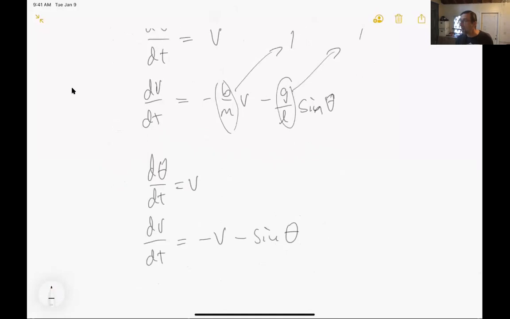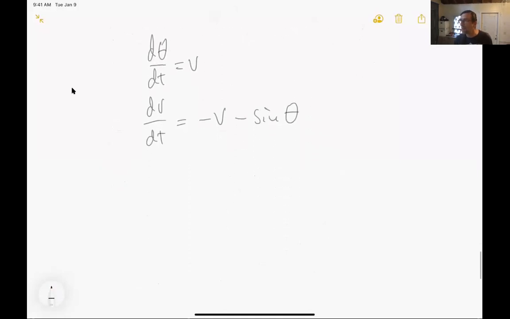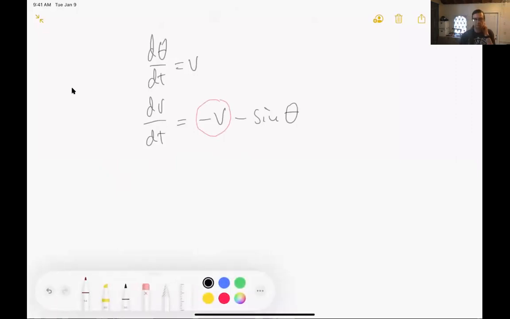Okay? So that's almost exactly the system we were working with before. The only thing that's new is this minus v term. So minus v is just the friction term. That's exactly the thing we need to introduce to compensate for some friction. And again, in the real world, there'd be some constants in front of that v, so you can adjust the amount of friction there is.